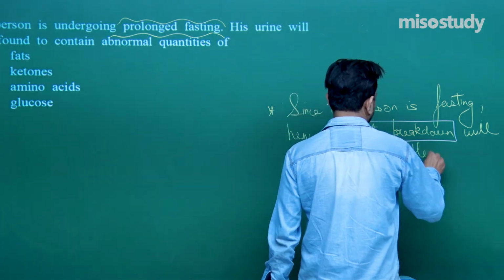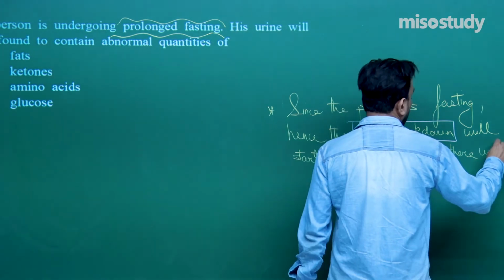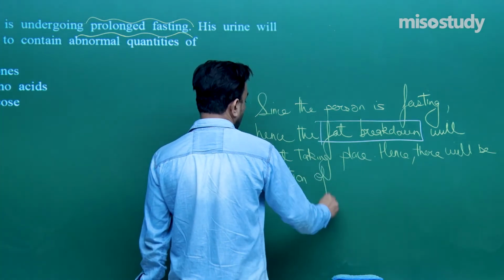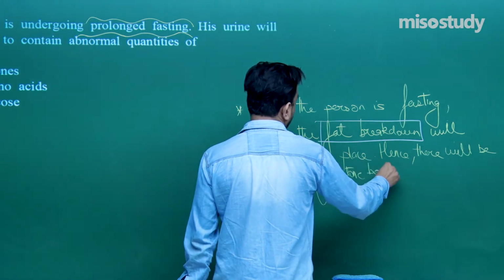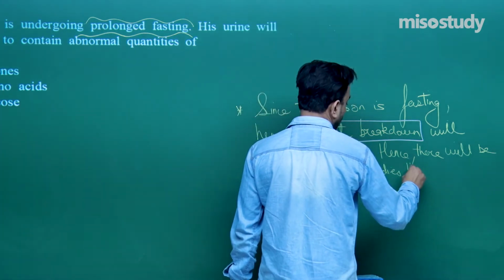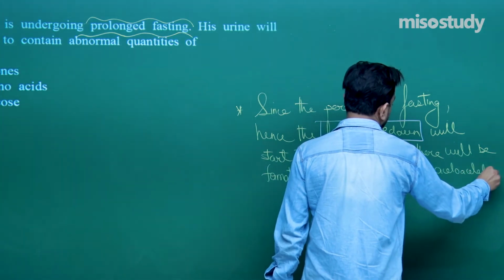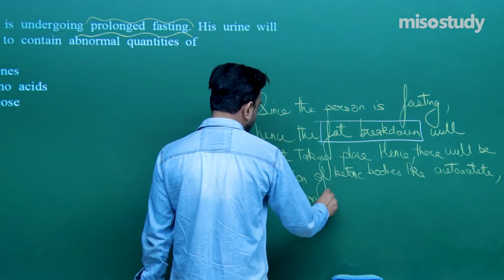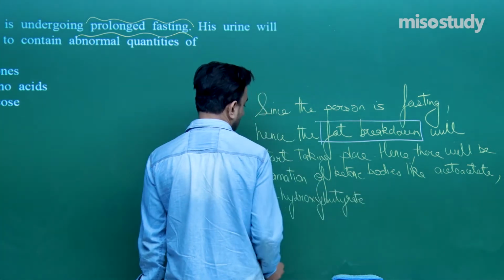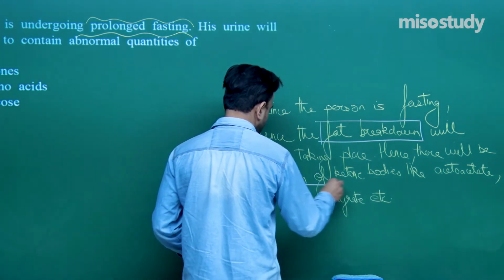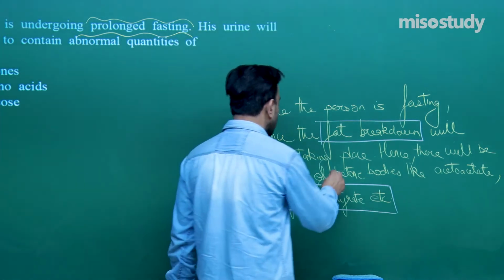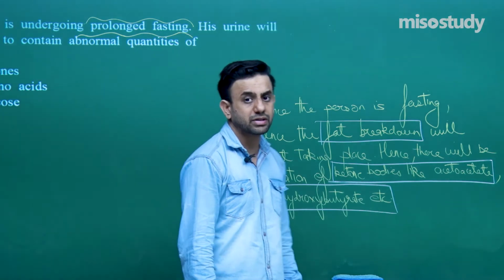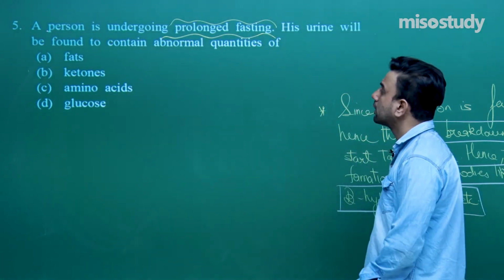Hence there will be formation of ketone bodies like acetoacetate, beta hydroxybutyrate, etc. So a person undergoing prolonged fasting, his urine will be found to contain abnormal quantities of ketone.